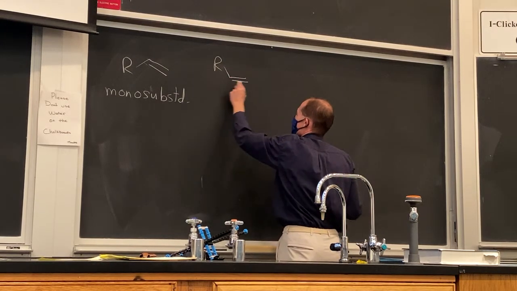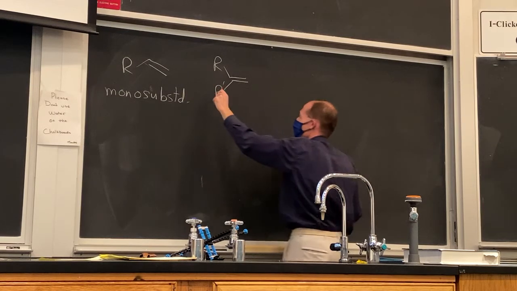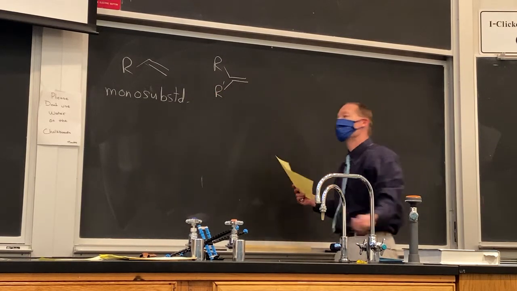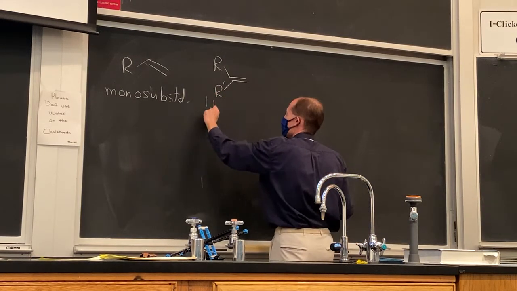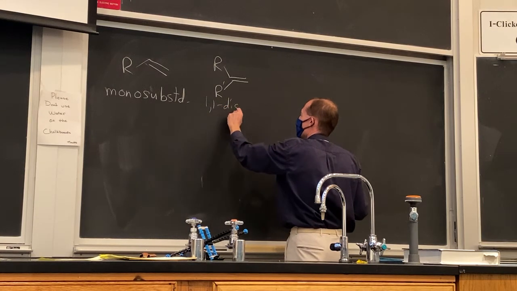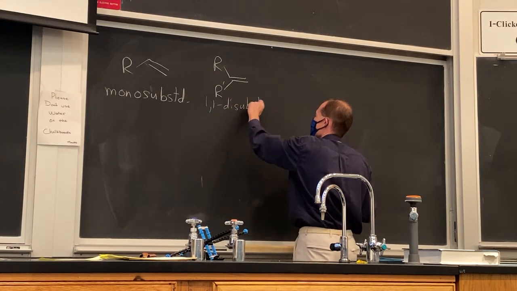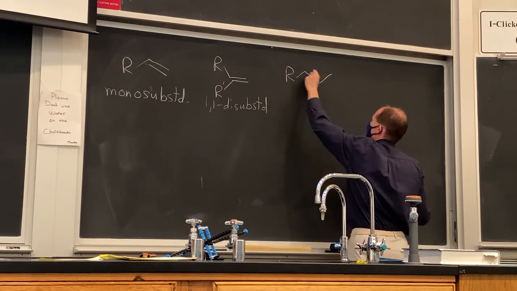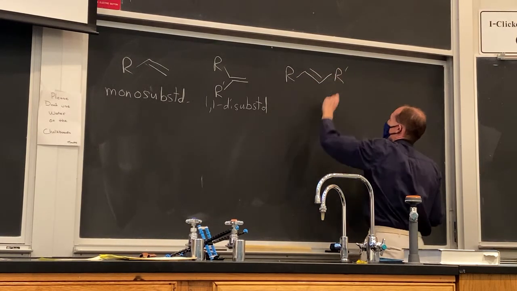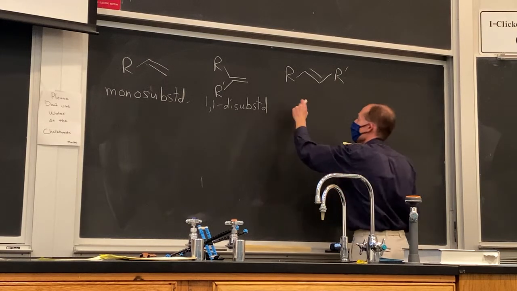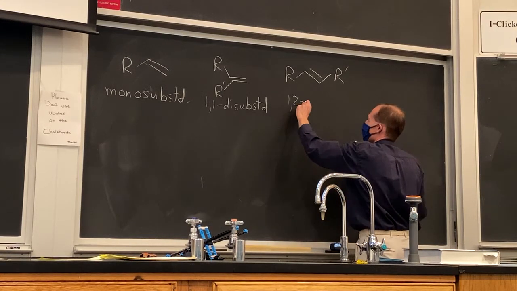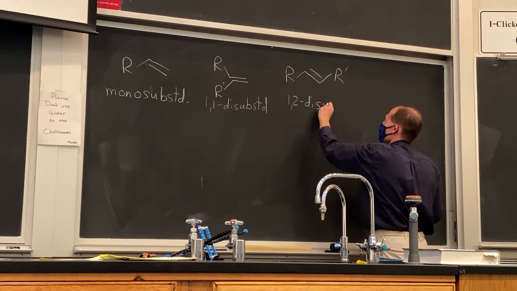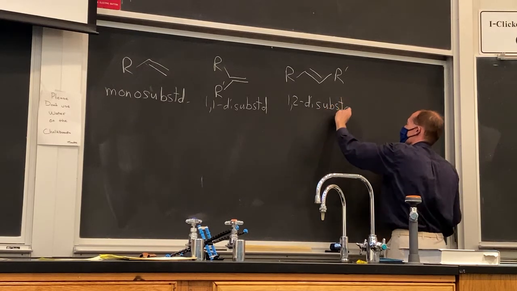And then two substituents on the same carbon, they could be the same substituent or they could be different. We will call that a 1,1-disubstituted alkene. And then we could have our two substituents on different carbons. That's going to be a 1,2-disubstituted alkene.